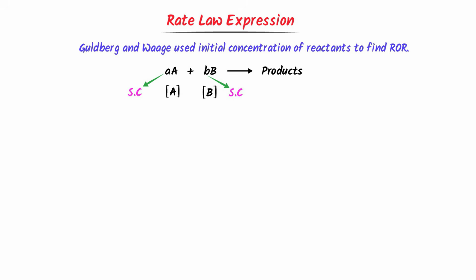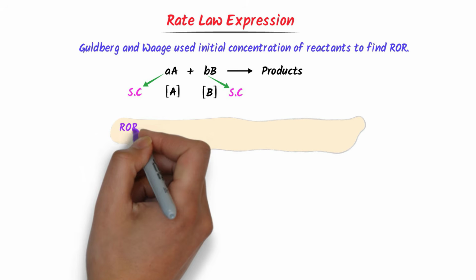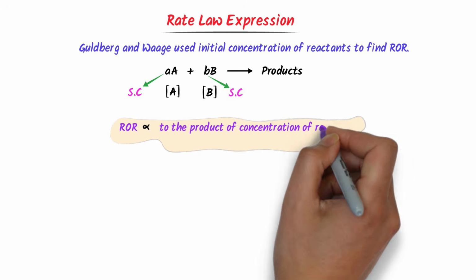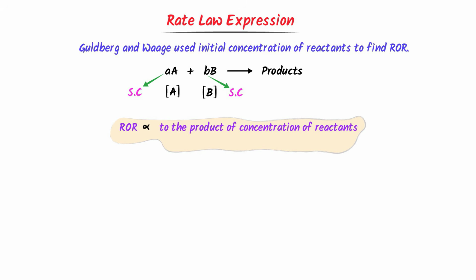Guldberg and Waage state that rate of reaction is directly proportional to the product of concentration of reactants with each term raised to some power. Mathematically, I write the concentration of A, with the stoichiometric coefficient of A raised as its power. I write the concentration of B, with the stoichiometric coefficient of B raised as its power.